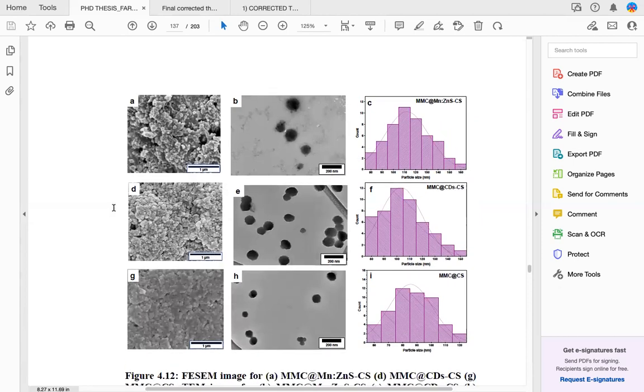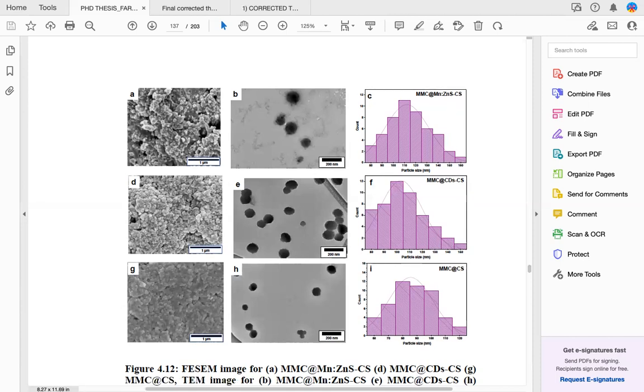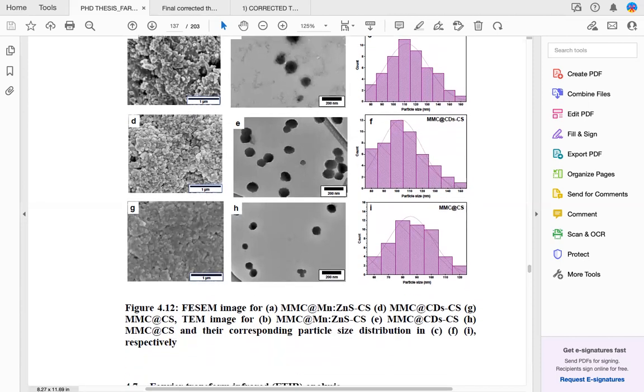This is FESEM, and that was HRTM. HRTM is about size, while FESEM is about roughness and porosity. You don't really identify sizes from FESEM, but sometimes you identify the porosity sizes, probably. I don't know, but I don't think so.